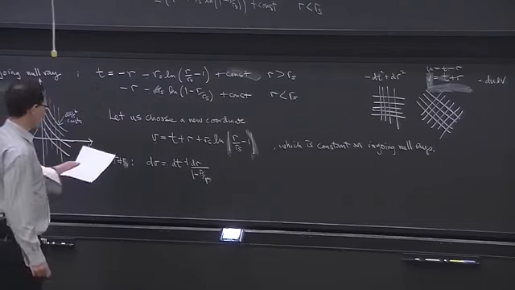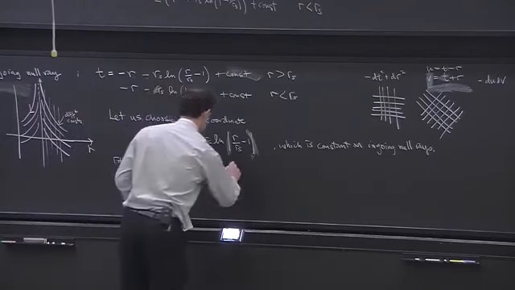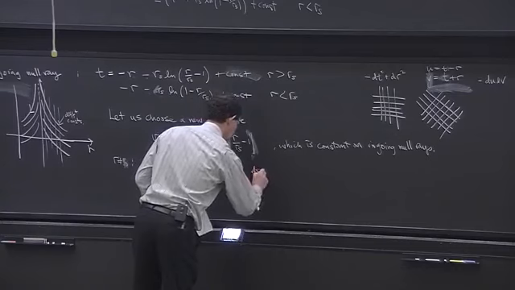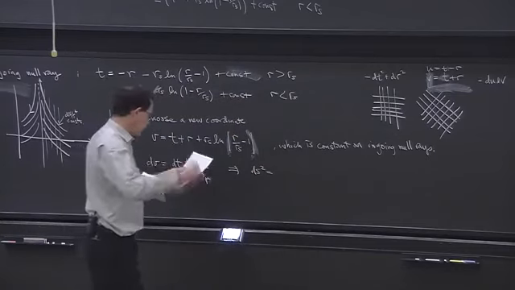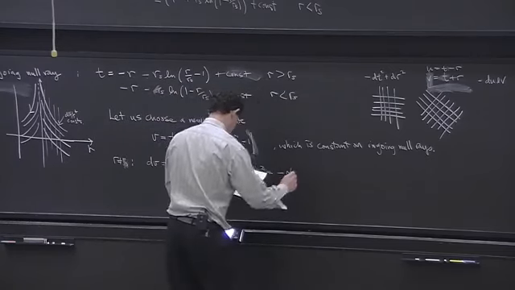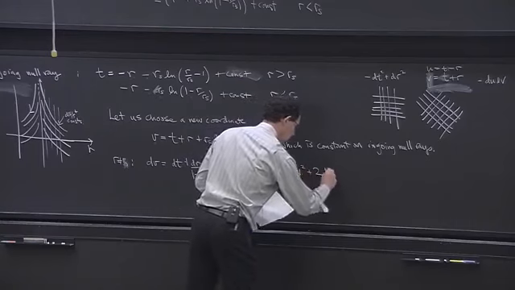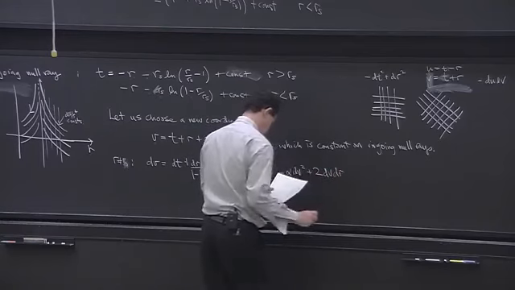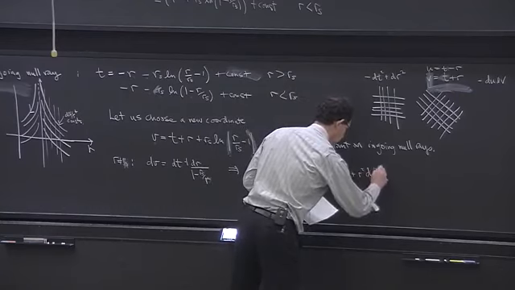And so now I can just rewrite the Schwarzschild metric in these coordinates. So ds squared, using v and r as the coordinates, is minus alpha dv squared plus 2 dv dr plus r squared d omega squared.